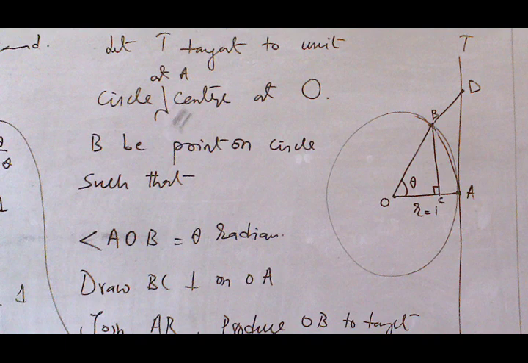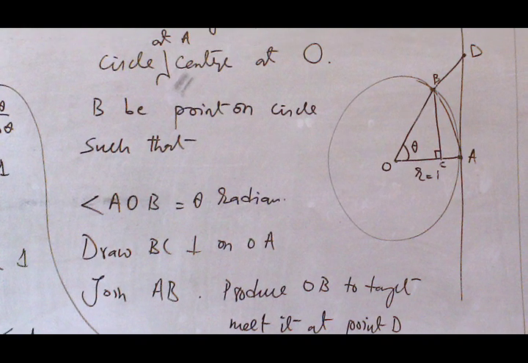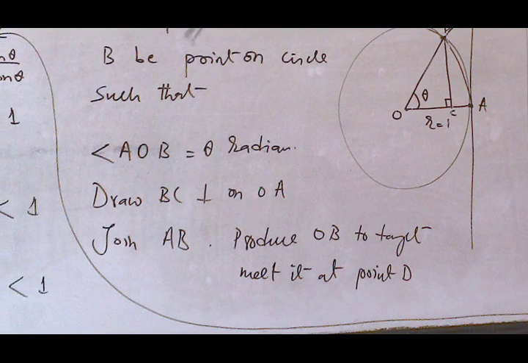Then we draw BC perpendicular on OA, join AB, and then we extend OB to intersect the tangent at point D.